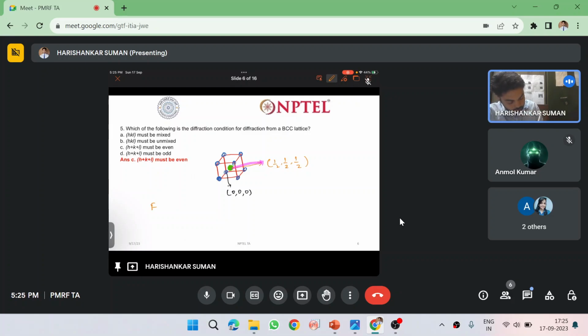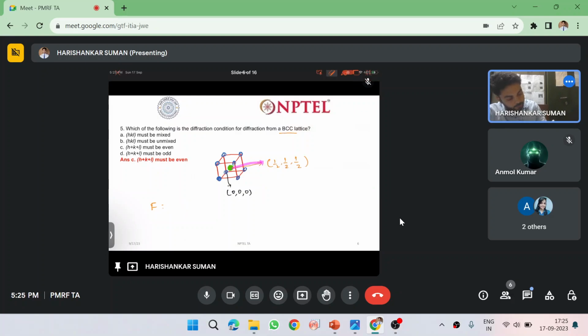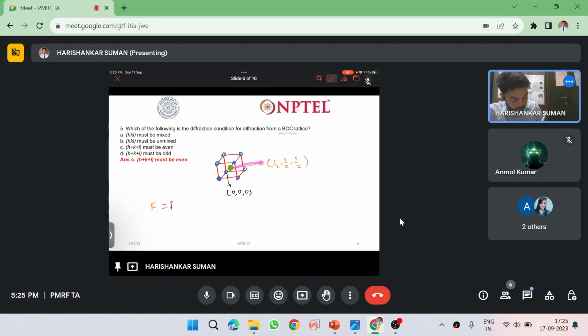So do you know the structure factor? BCC, let's say monoatomic, so there are 2 atoms. Let's choose f as one, and e to the power i 2 pi (hu plus kv plus lw) with the atom positions u v w.